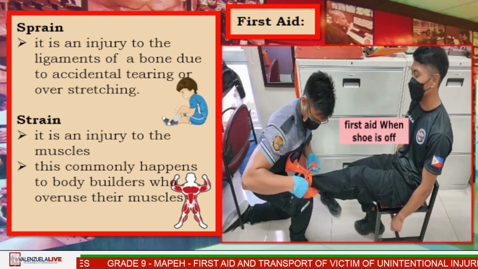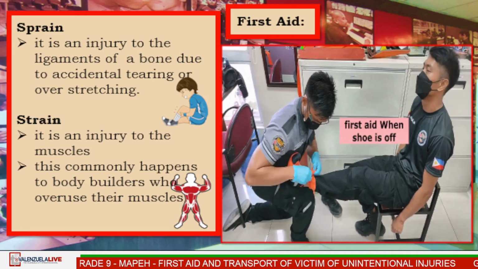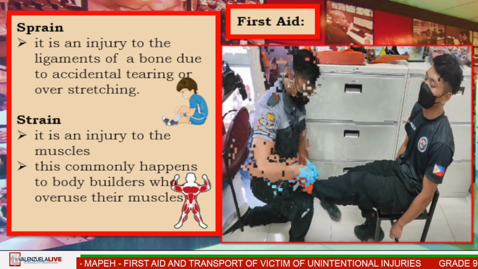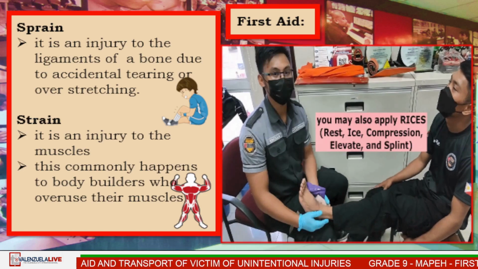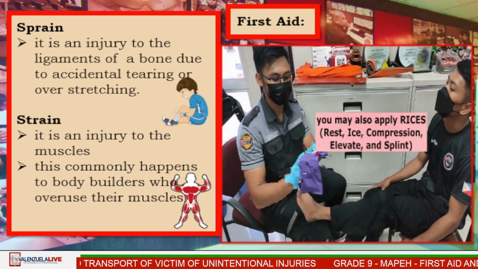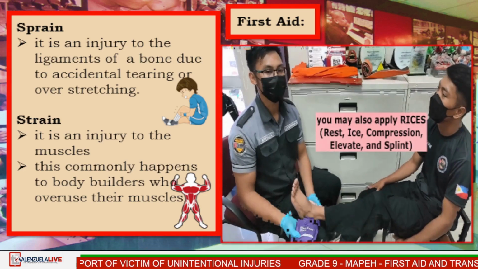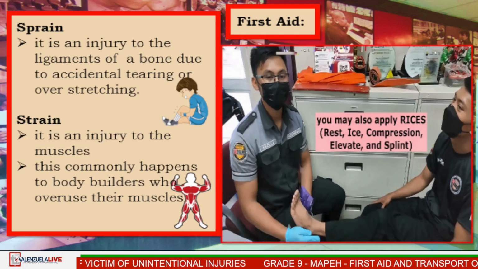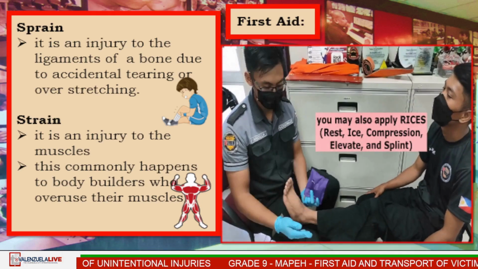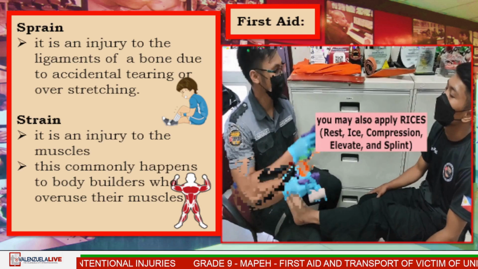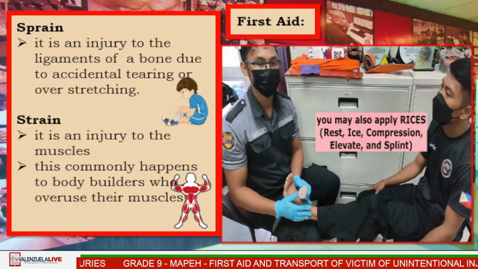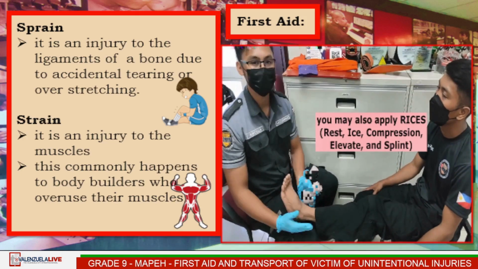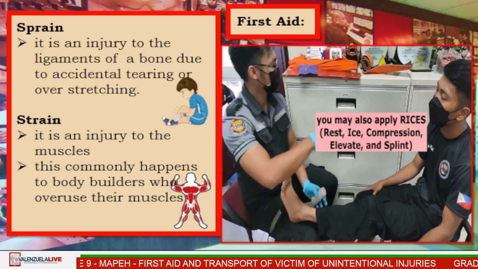Apply ice to stop bleeding inside and to prevent swelling. Compress the injured part using a bandage if needed. You may also use a splint. Last, elevate the injured part.